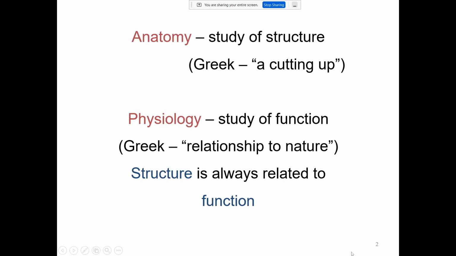Remember, these two terms are mainly related to Greek. So what is anatomy? In Greek, it is called cutting up. Cutting up means you have to cut up. That is the explanation of anatomy.